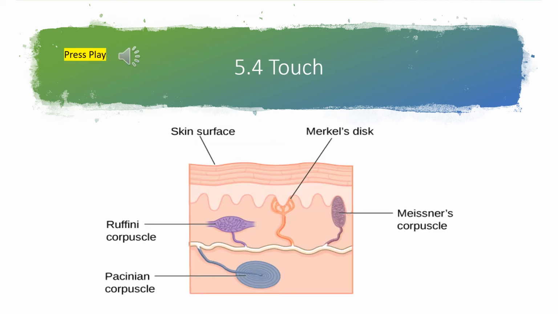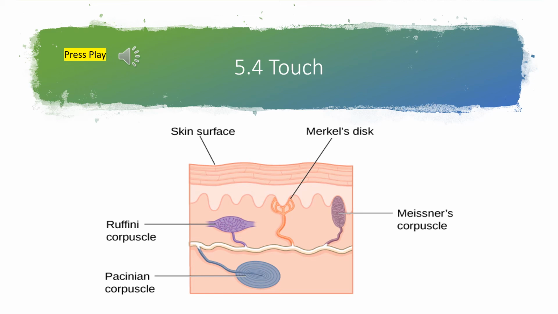All right, touch is very important for our fight or flight and for our survival. Pain is nociception, and temperature is thermoception. With pain, it tells us when we need to stop and run away or stop what we're doing.